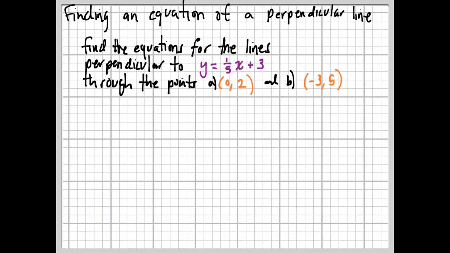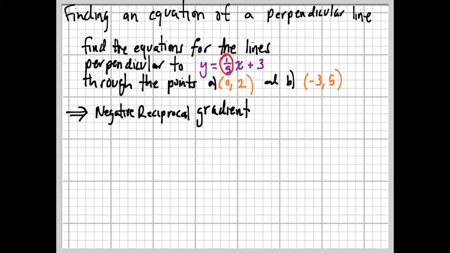Okay, so we'll start with 0, 2, and of course we know that the gradients are going to be negative reciprocals, right? So the gradient for this given line was 1/5, right? So we've got to find the negative reciprocal of that. Okay, so we know first of all it's going to be negative, so we just go ahead and stick a negative sign on there.